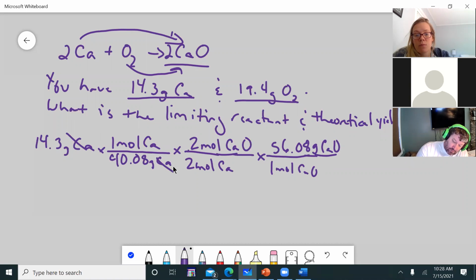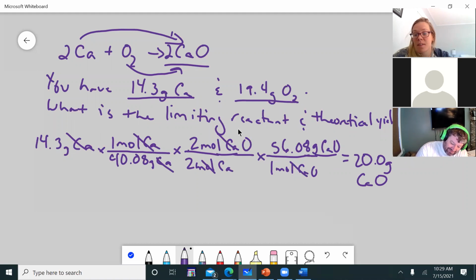Grams of calcium will cancel, moles of calcium will cancel, and moles of calcium oxide will cancel. We end up with 20.0 grams of calcium oxide. Yay, we're done. Nope, not yet.